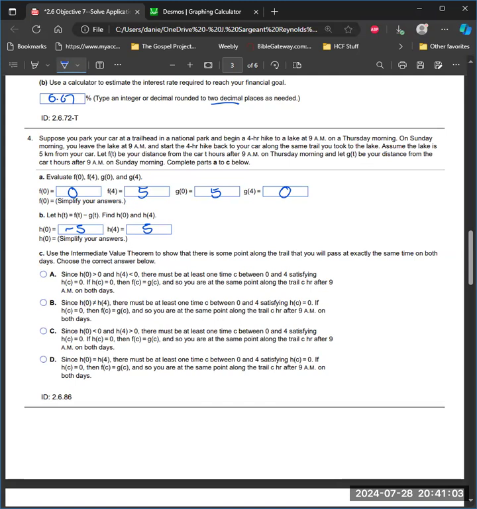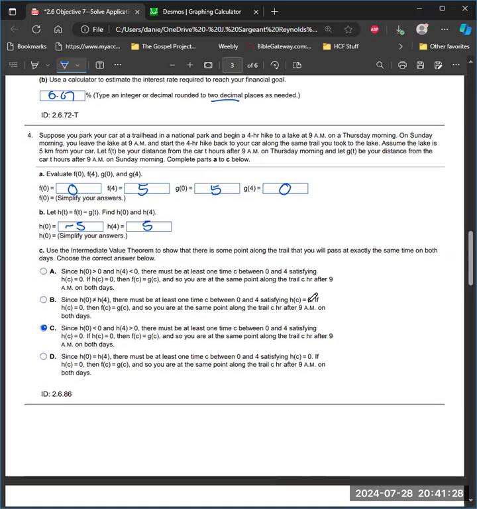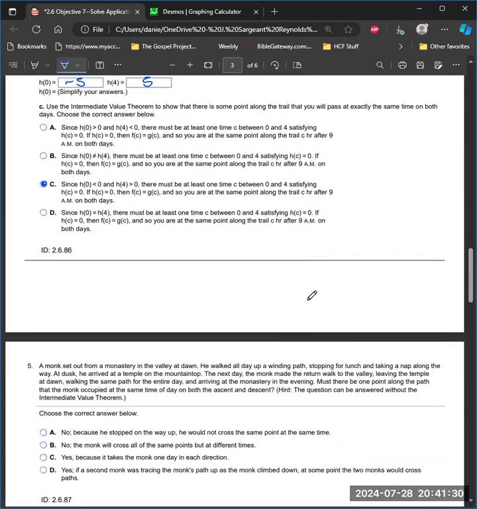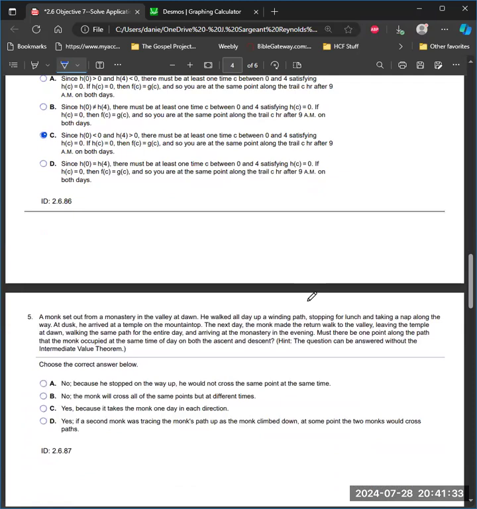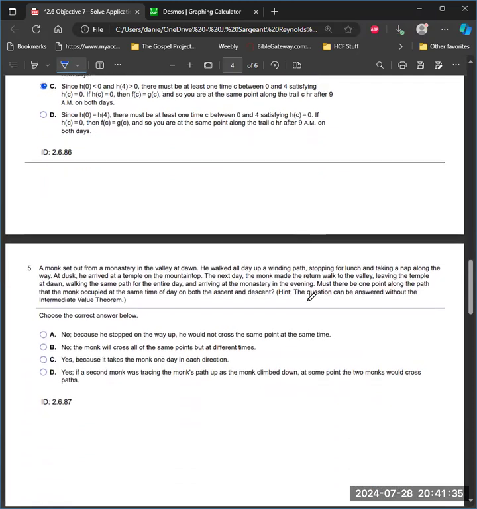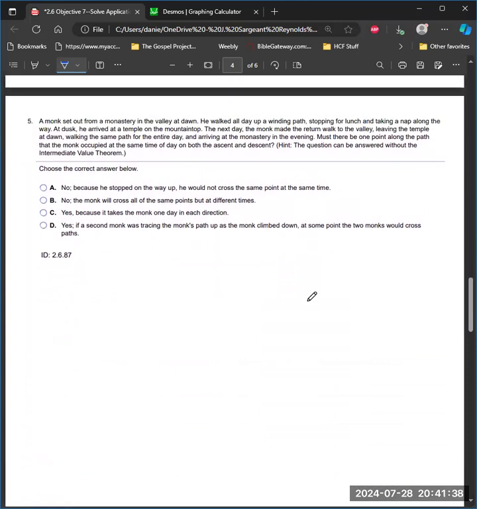So C, since h of 0 is less than 0 and h of 4 is greater than 0, there must be at least one c between 0 and 4 satisfying h of c equals 0. If h of c equals 0, then f of c equals g of c, and you're at the same point along the trail c hours after 9 a.m. on both days. So that's it. We didn't actually find what time or what point. We just proved the existence of such a point with the intermediate value theorem.